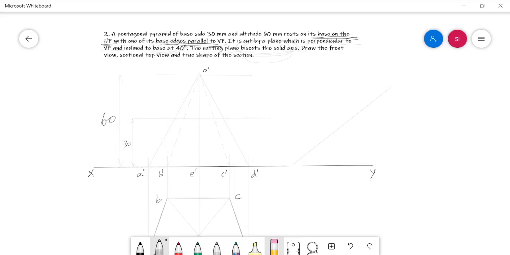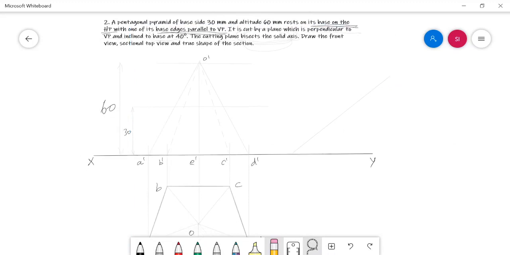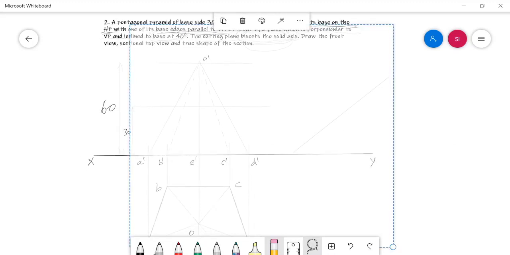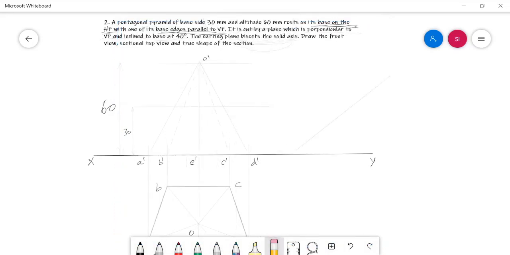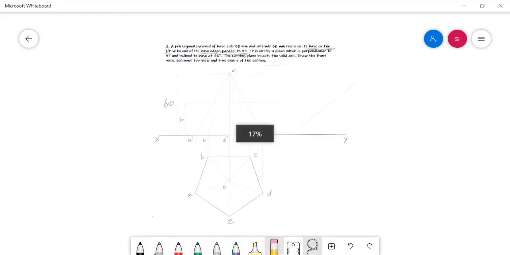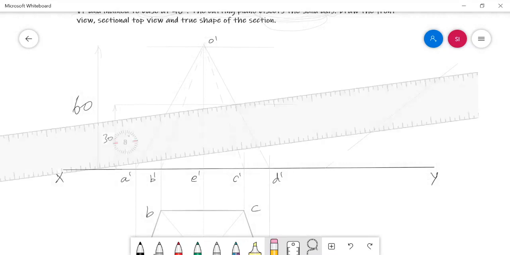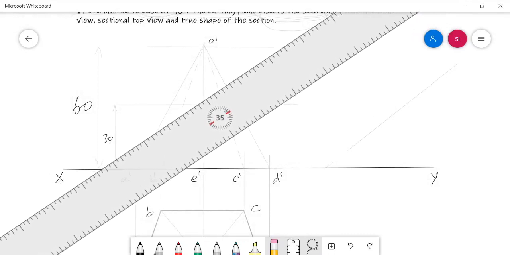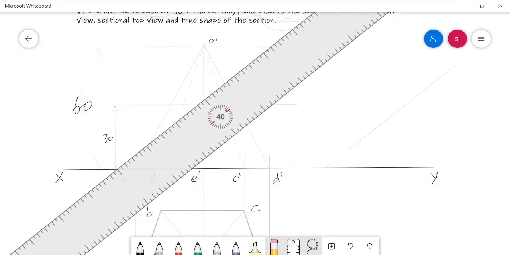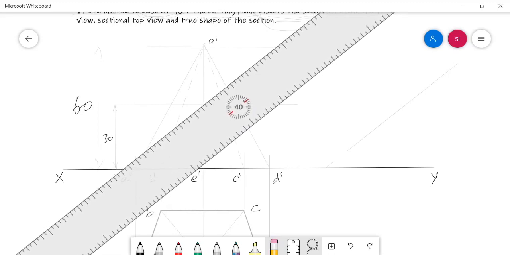So at this point we are going to cut the solid with the given cutting plane, and now this 40 degree inclined cutting plane cuts the solid in this way. The cutting plane should be drawn with the HB pencil with a proper line format.